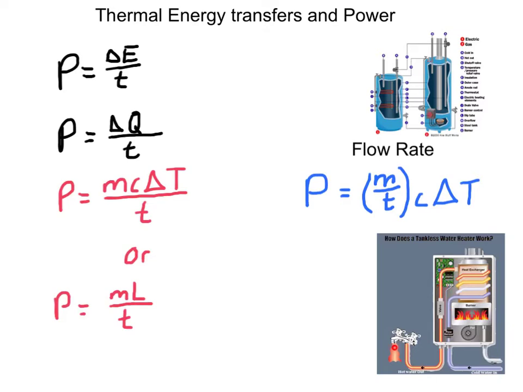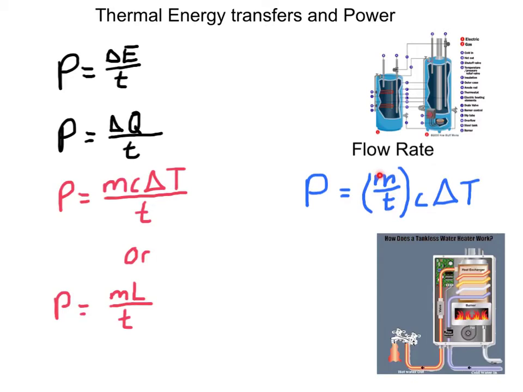So like if I have a 1,000 watt heater, that's your power, and I'm trying to raise the temperature of water from 20 degrees Celsius to 50 degrees Celsius, my delta T, 50 minus 20 being 30 for delta T, what flow rate? Now this flow rate is in mass per unit time, or kilograms per second.